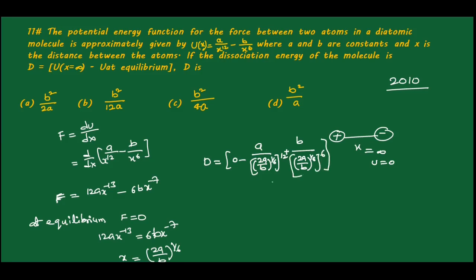So this is the D value. Now simplify this one. So minus a divided by (2a/b) to the power 1/6 into 12, that is power 2, plus b divided by (2a/b), 1/6 into 6 means 1.